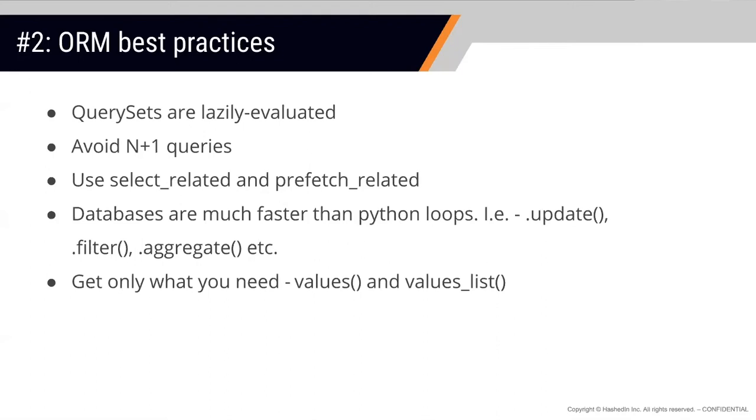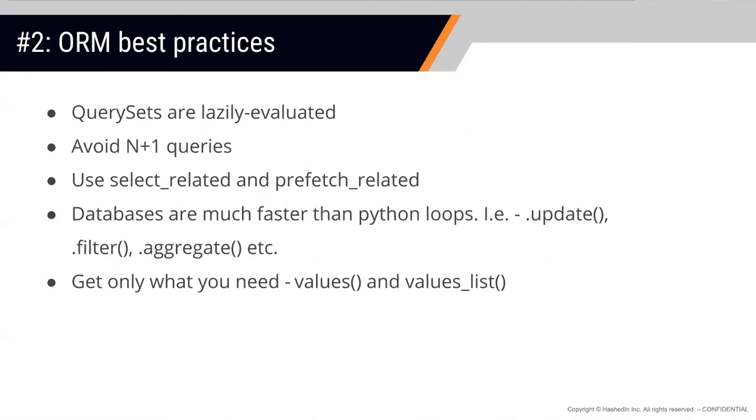Let the database do the job. This job can be better handled by the database rather than doing a Python loop for the same use case, right? And there are a lot of functions that you can use. For example, update, filter, aggregate. There are a lot of functions which do that, right? So always keep in mind that your databases are much faster for those kinds of work than your Python loops, right?